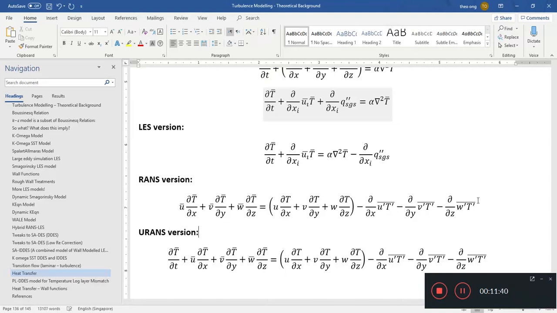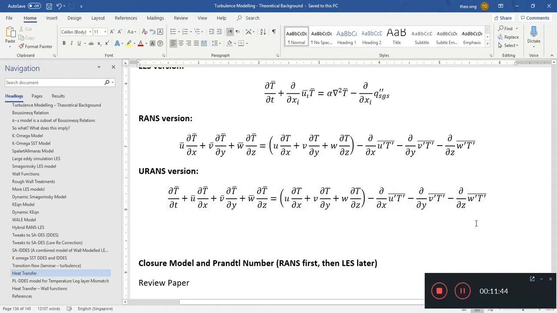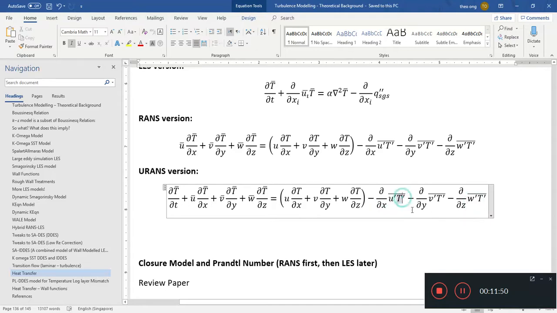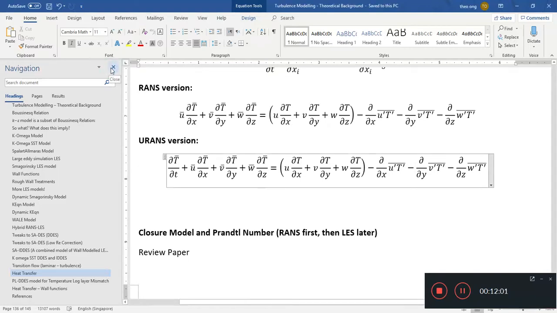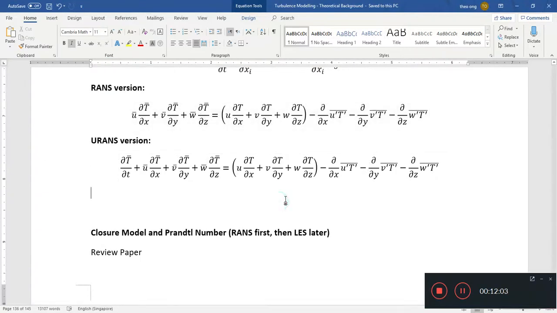So that's the closure problem we need to do. You can sort of model it as the subgrid stress, so-called subgrid conduction. It's turbulent conduction. Now we see what our closure problem looks like.